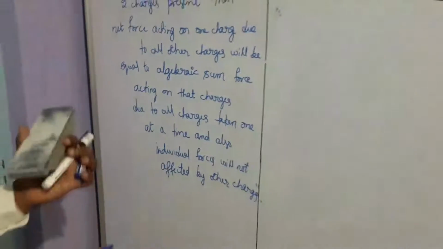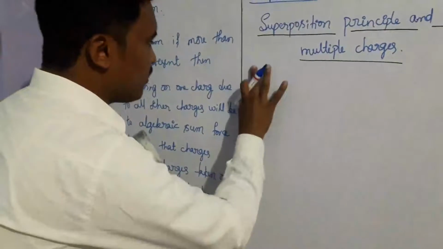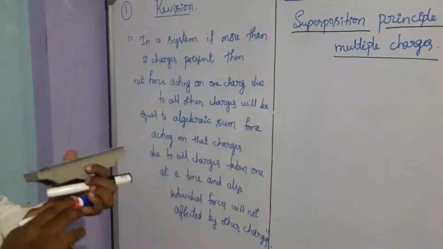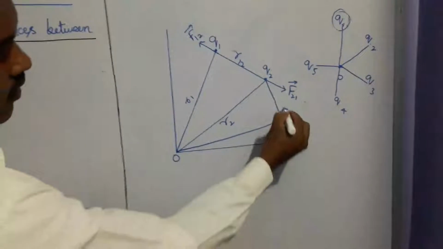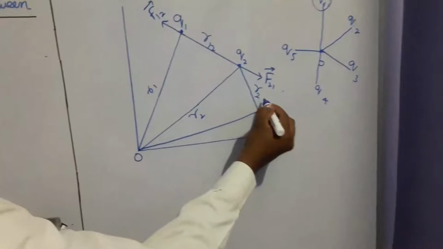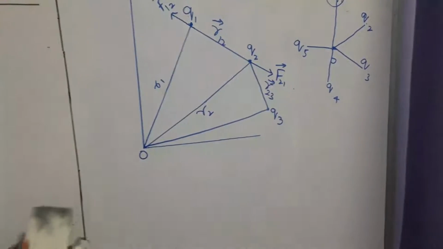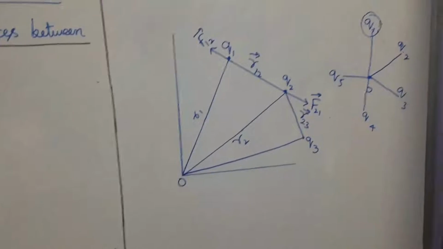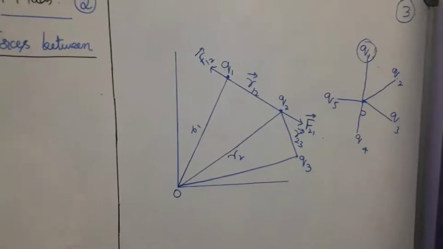This statement looks very big, but it is very simple. I will explain in terms of the mathematical expression. You see here, I am taking this R12, this is R23. Now see here, by using the vector form, this superposition principle can be easily understood.